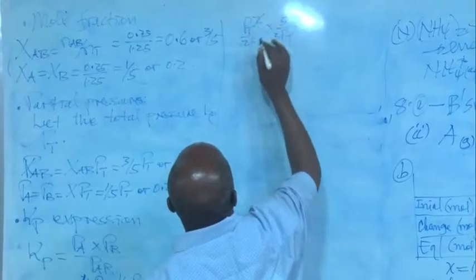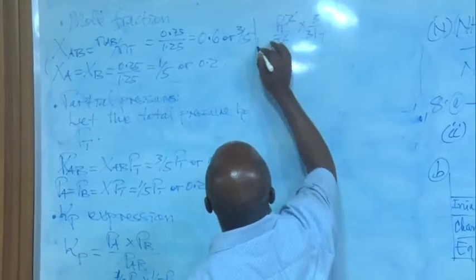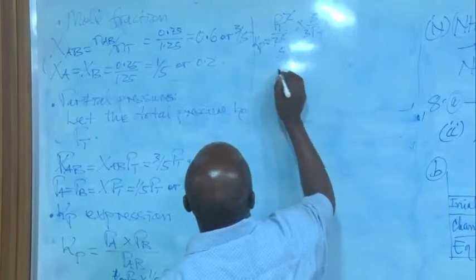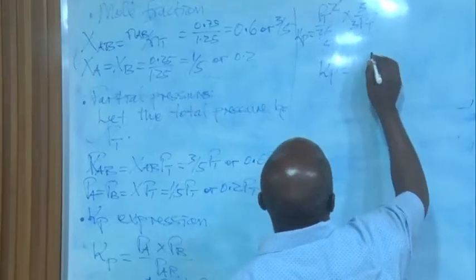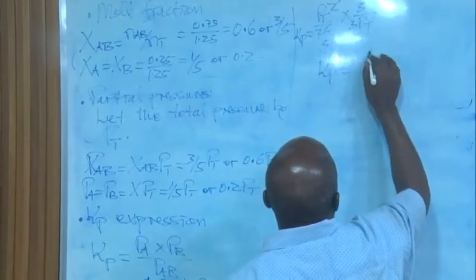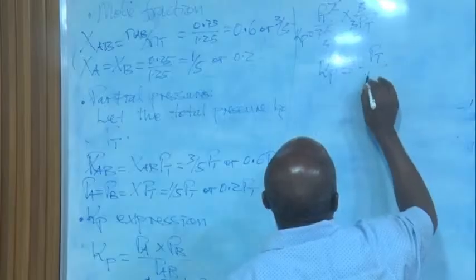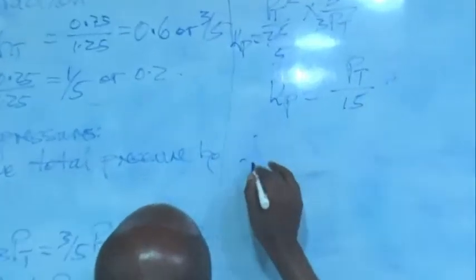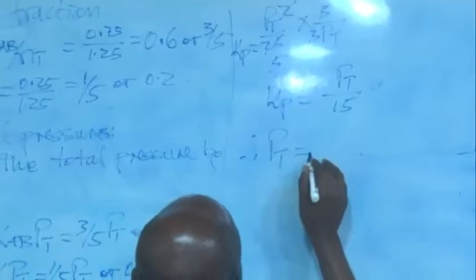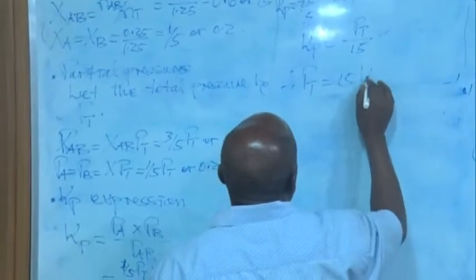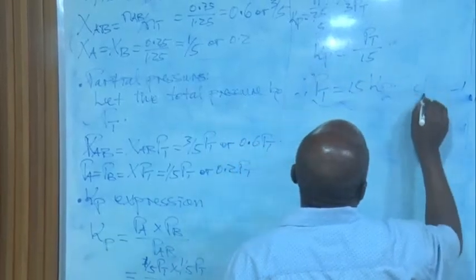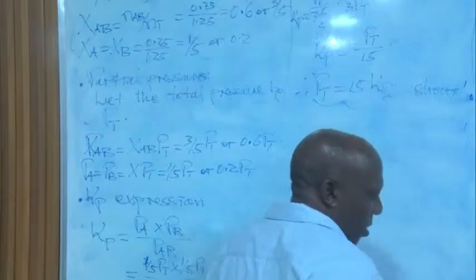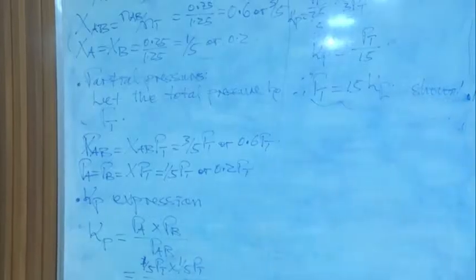So this and this cancel, and we remain with 5. So Kp is equal to Pt over 15. Therefore, the total pressure of the system is equal to 15 times the equilibrium constant Kp. So this is shown or proved. That is our answer for question number 80B.